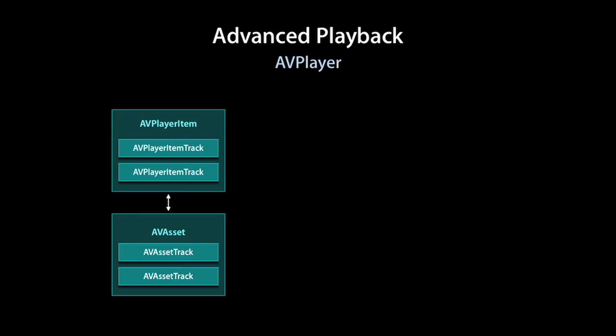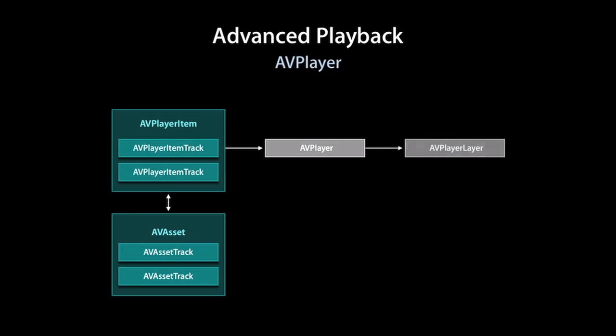Now, the AV Player item is what I give to the AV Player object, which is the object that controls the entire playback. That's the object that you'll be telling to play. But once I've given the AV Player item to AV Player, it's still not on my screen. I need to have an AV Player layer, which is a kind of core animation layer, which is where AV Player is actually going to display the movie.